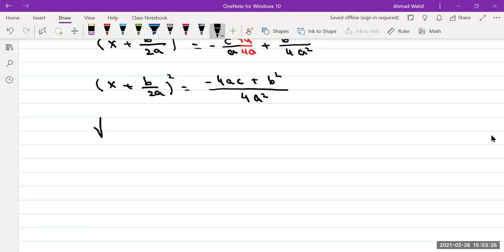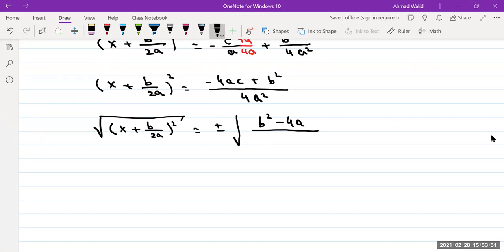It means I will write the square root of x plus b over 2a, all squared, equals plus minus the square root of, let's write the top in a nice order. I will put the positive term first, then the negative term, right? b squared minus 4ac over 4a squared.